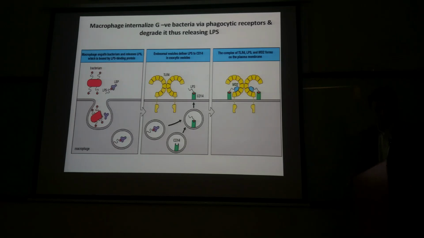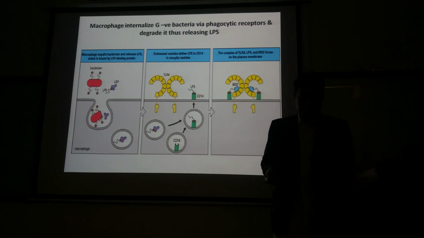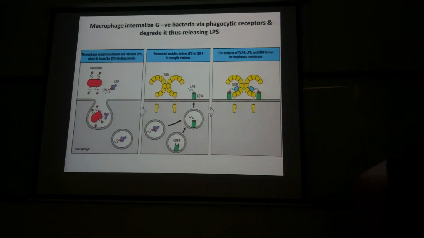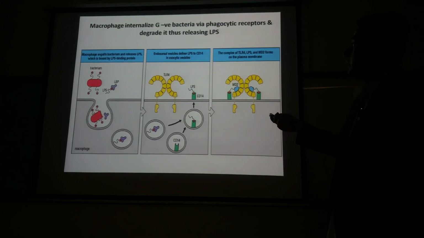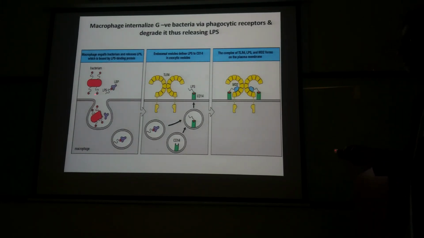Now, if you see here, somebody is infected with a gram-negative bacteria which is present there in the tissues, okay? So what would the macrophage do with this gram-negative bacterium that you see here? The macrophage is going to engulf this gram-negative bacterium, the pink one that you see here.